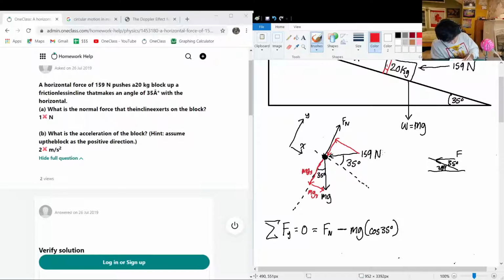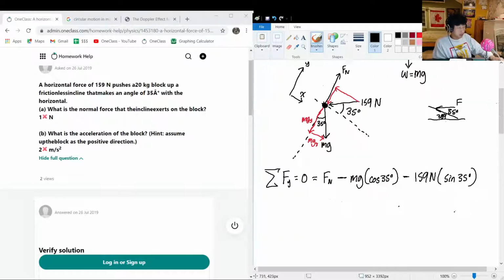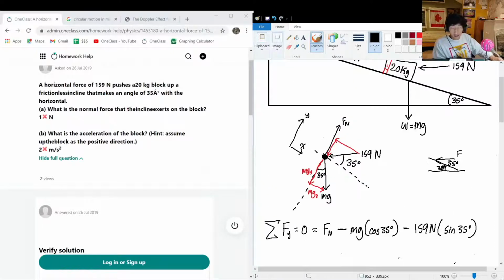So that's going to be, let's draw that in, minus 159 newtons times sine 35 degrees. Okay, awesome. So now let's sub in our m value. Our m value is 20 kilograms.